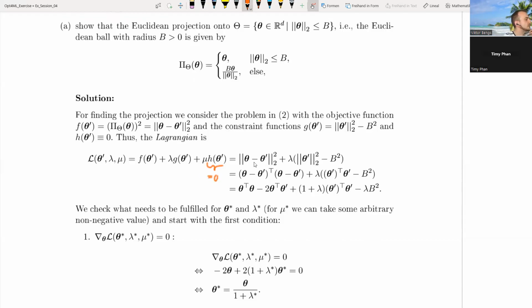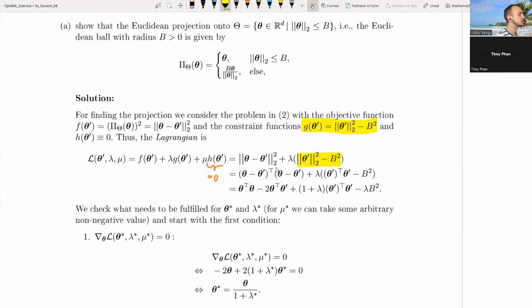For f, it's the squared Euclidean norm between theta and theta prime. Theta prime is here our input vector for which we want to minimize. We plug in the g function, the inequality function, which is given here.